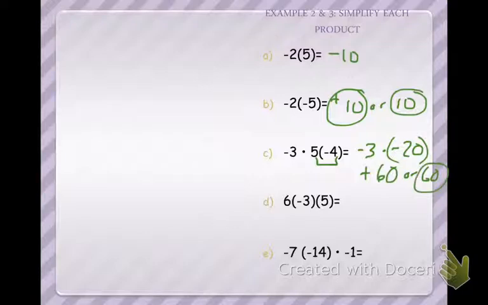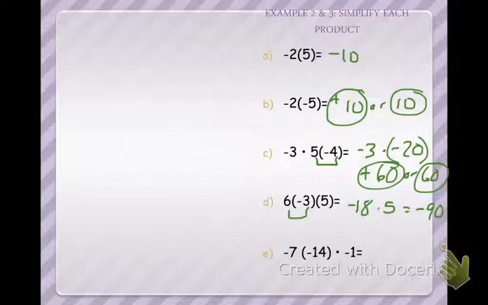I don't care which one you use. And that's how you do the math for that. Or you could do negative 3 times 5 first, which is negative 15.